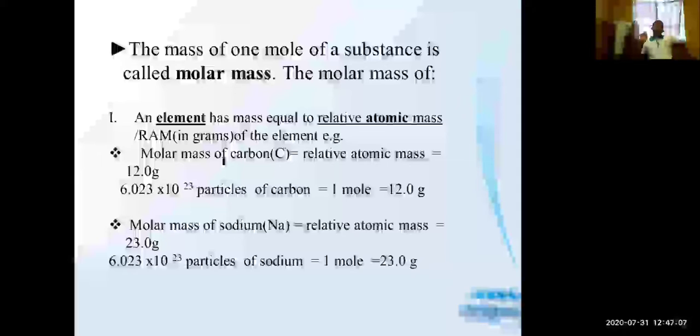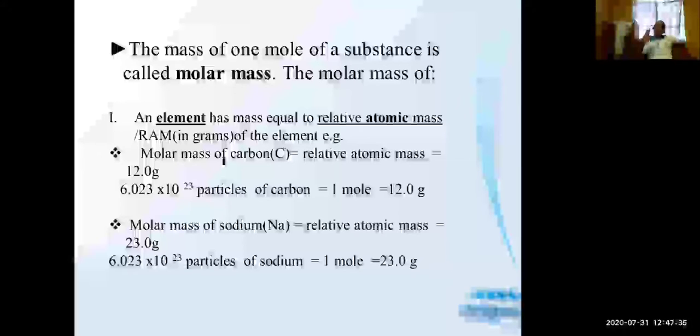When we are talking about an element, we usually talk about the relative atomic mass. For example, the molar mass of carbon is equivalent to its relative atomic mass, which is 12.